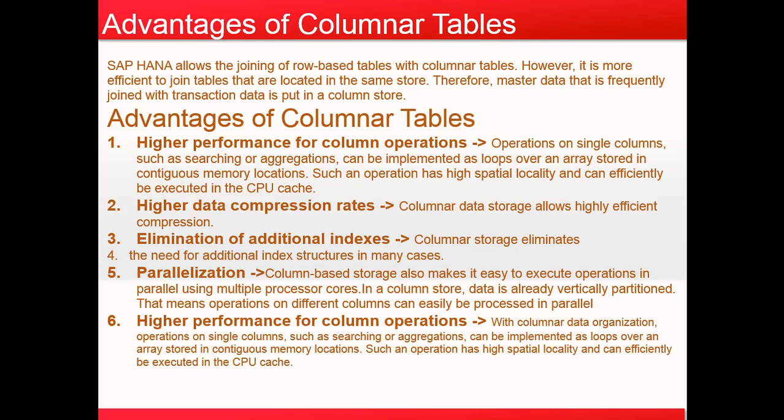If multiple columns need to be searched or aggregated, each of these operations can be assigned to a different processor core. In addition, operations on one column can be parallelized by partitioning the column into multiple sections that are processed by different processor cores. Okay, so that is one key benefit.